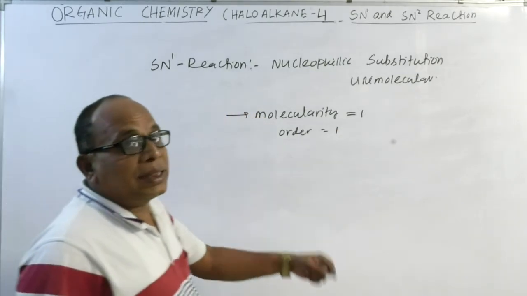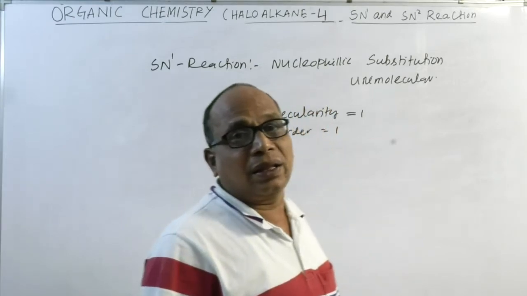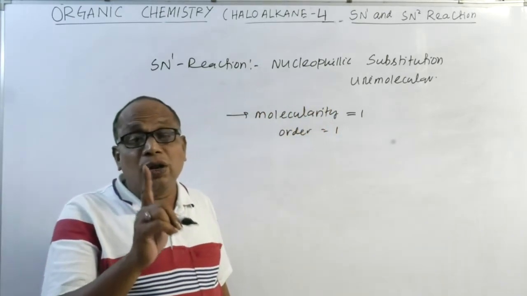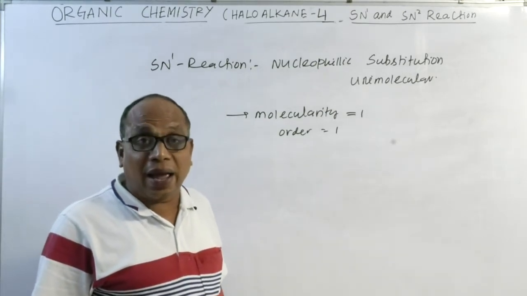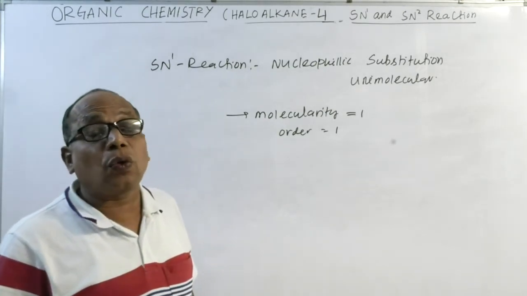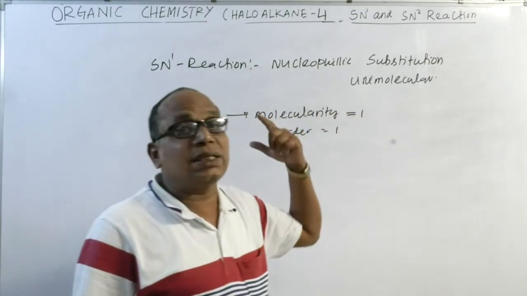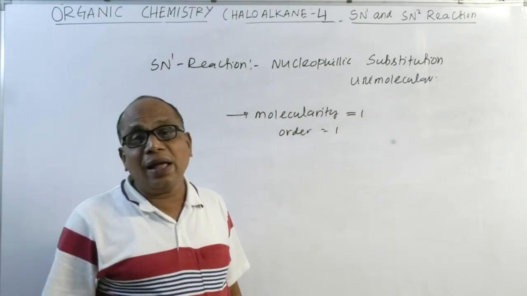Molecularity 1 means the reaction begins with only one reacting species, that is, begins with only alkyl halide, meaning there is no role of the presence of nucleophile during the reaction.